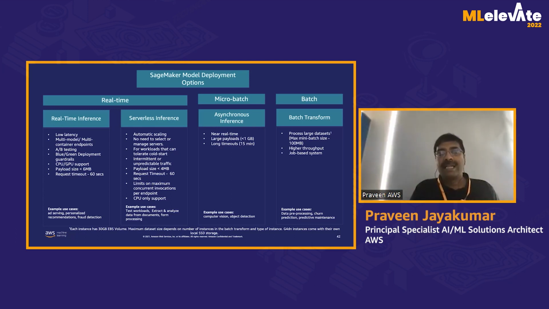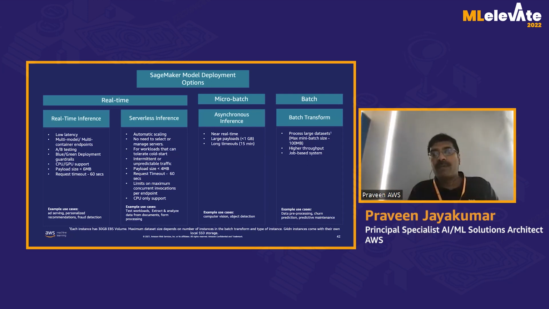So that's on the real time, right? But we have customers where they want to have near real time, but the payload size is extremely large, right? A lot of computer vision workloads where the payload size is large, and also the model takes more than 1 minute to return the response back, basically, right?